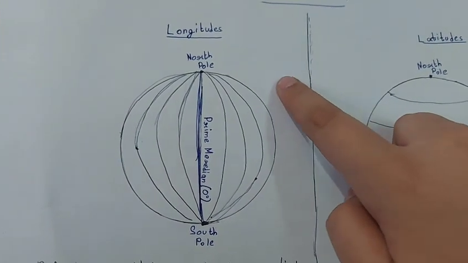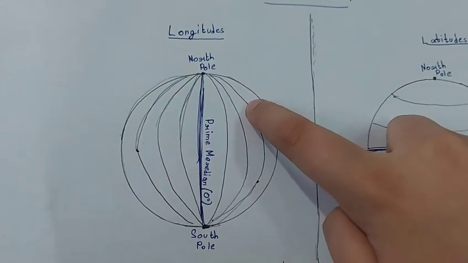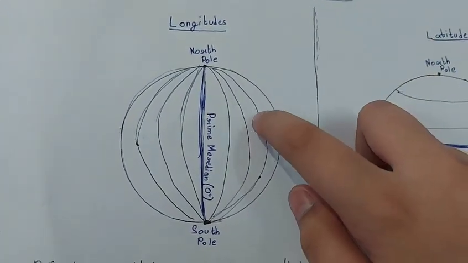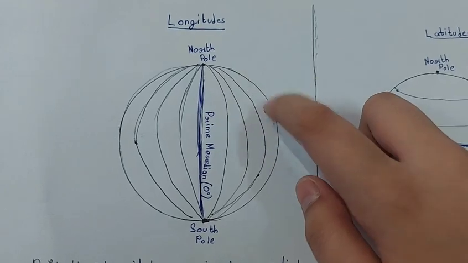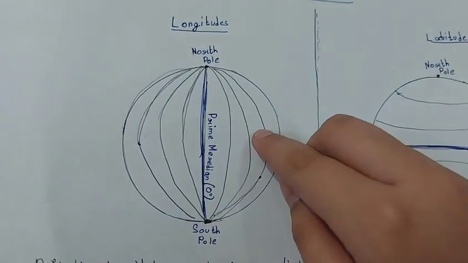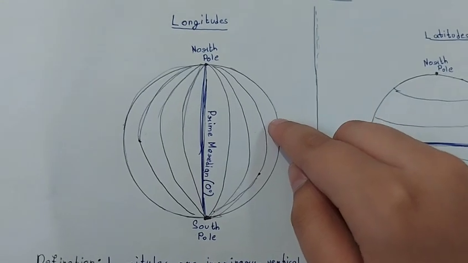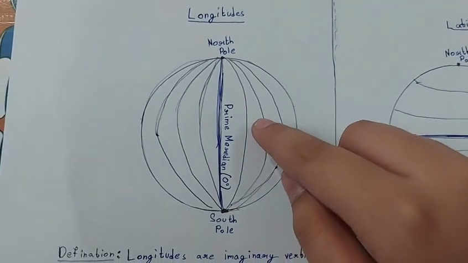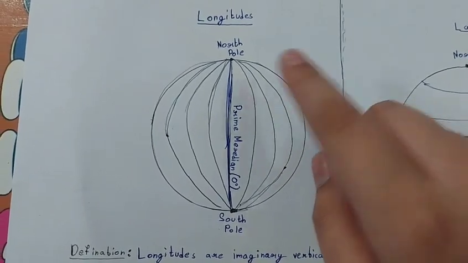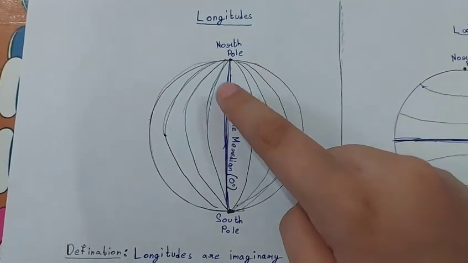So when it goes to the second longitude, it will be 1 hour late. For example, if it's 12 noon here, here it will be 1 p.m., and here it will be 2 p.m., and so on.